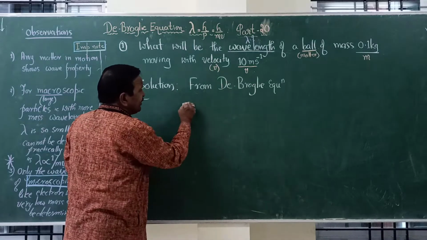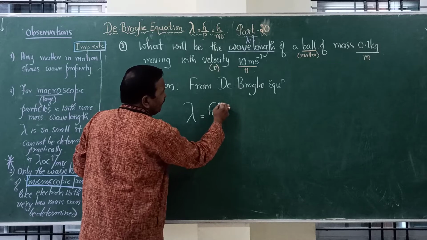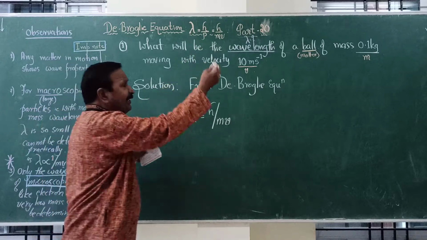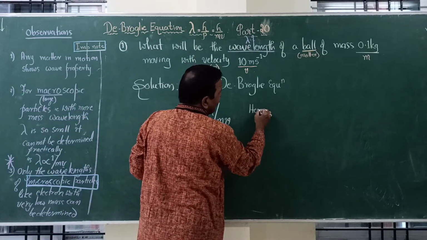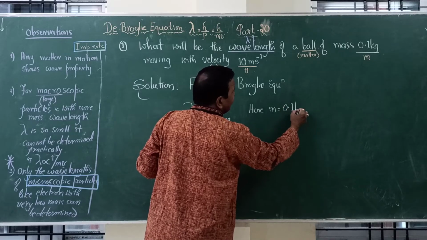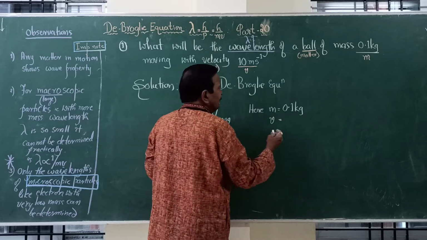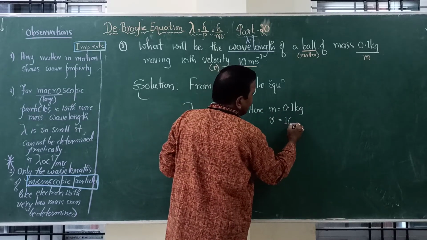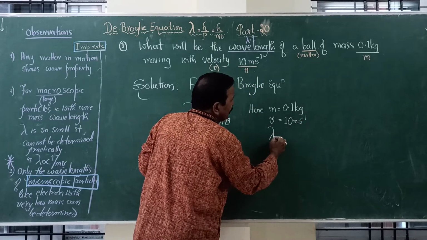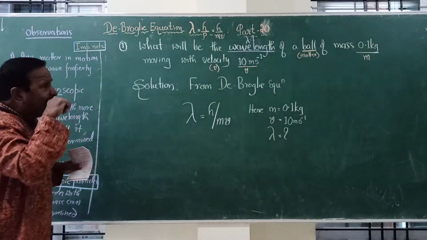From the de Broglie equation, lambda will be equal to h divided by m into v, and here everything is given to you. Here m is equal to 0.1 kg, v is equal to 10 meter per second, and lambda is equal to a beautiful question mark, because that only we have to calculate.